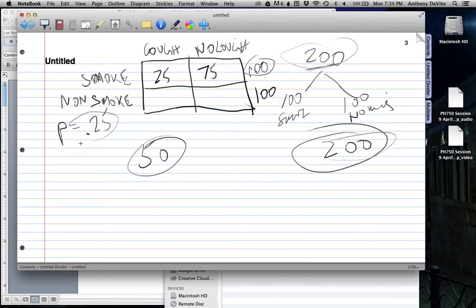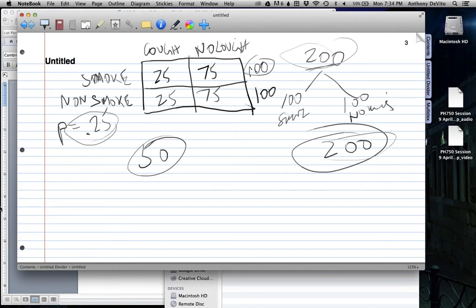Since overall the population has 25% prevalence, and I'm starting with the assumption there's no difference between smokers and non-smokers, how many non-smokers would we expect to have a cough? 25, no difference, right? Okay, this is what we call our expected values. If there's no association between smoking and coughing, this is what we would expect to see.